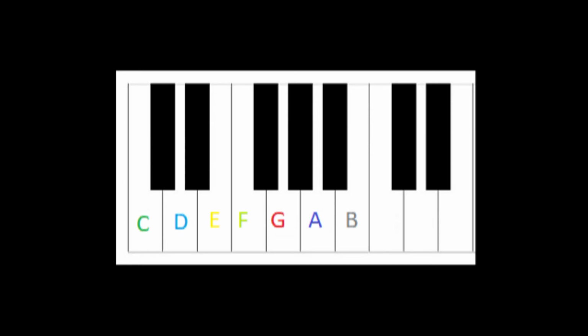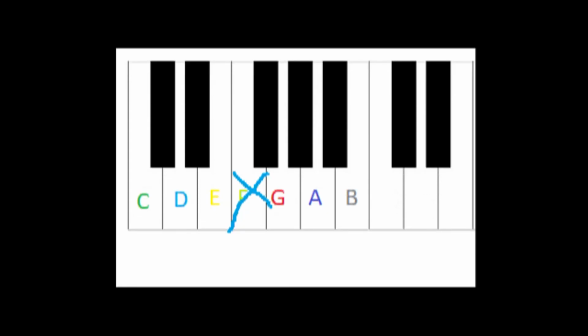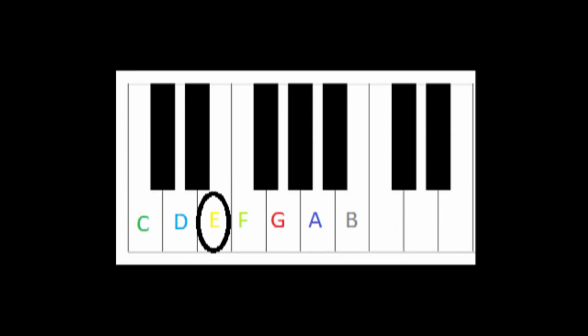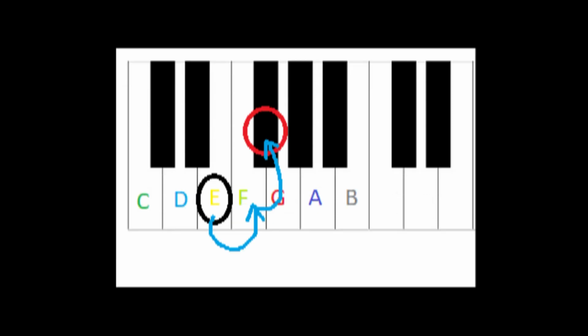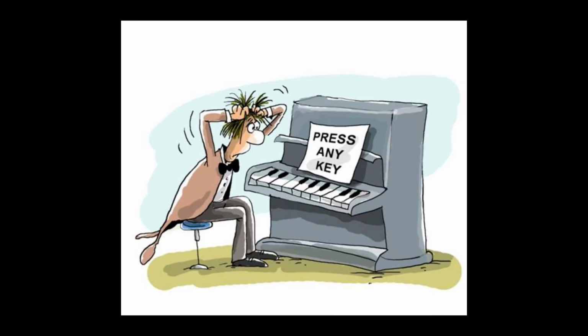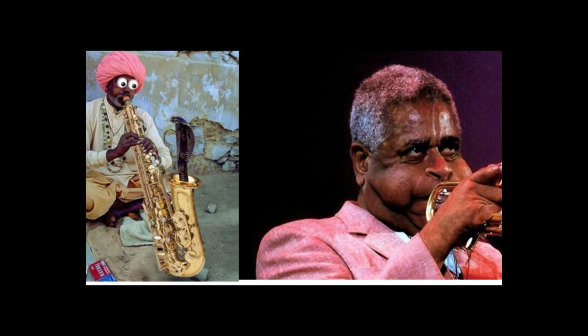But if you want to go from E a whole tone higher, you're not going to use the next white key. You're going to count the keys, and you see there's an E, a white key. Close to it, there's another white key, which is F, and then you're going to go to the black key, the F sharp. That's the whole tone. So it's a bit more confusing on keyboards. And I don't know what's going on in trumpet and saxophone. Those instruments are just crazy. Like, to learn theory on those, God help you.